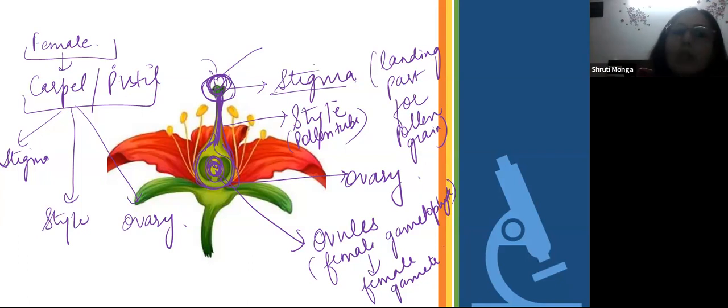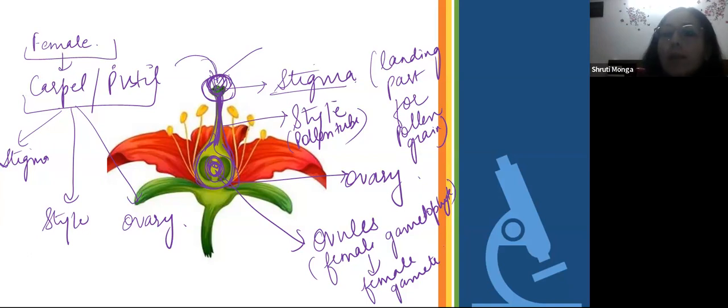So what happens? What I told you: the female reproductive part of a plant, which is known as carpel or pistil, consists of stigma, which is the landing part for the pollen grains. There are certain pollinating agents like birds, insects, which can carry the pollen grain. So they bring the pollen grain and it lands on the stigma.